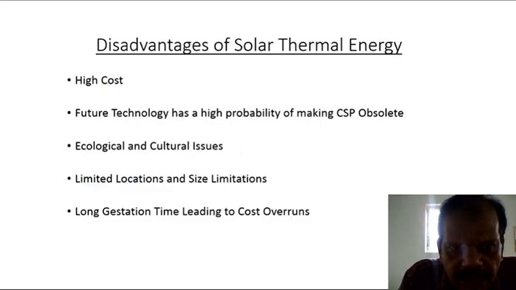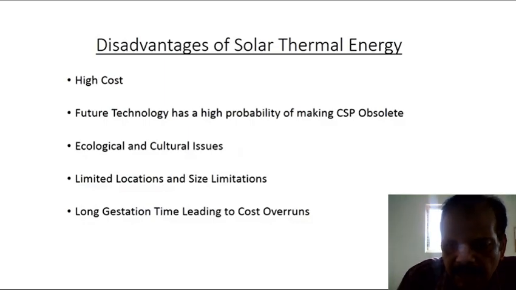And another one is the ecological concerns while using the solar thermal system. So it can be used only in areas that receive the sun. So only limited locations and site limitations are there. So that is why limited possibilities are there to convert the sun's energy into other forms of energy.